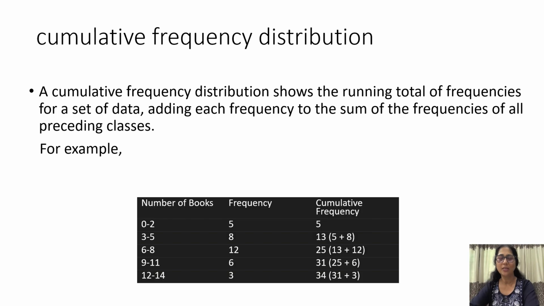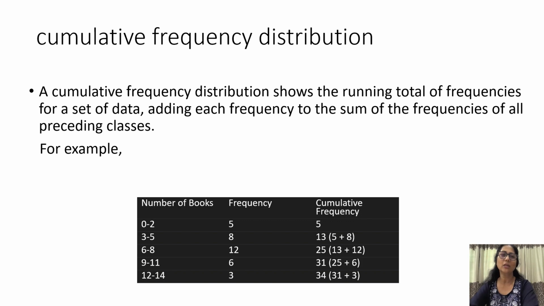This is again an inclusive frequency distribution table, where the classes are 0 to 2, 3 to 5, 6 to 8, 9 to 11, 12 to 14, and the corresponding frequencies are 5, 8, 12, 6, 3.